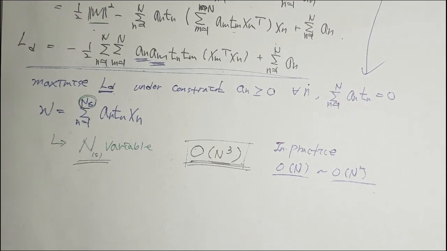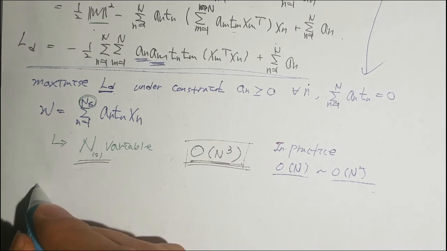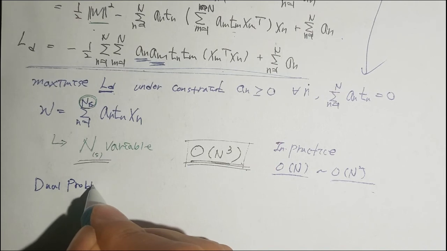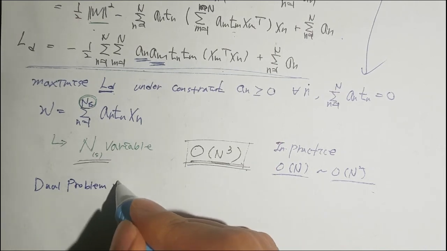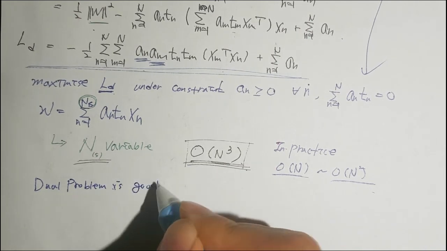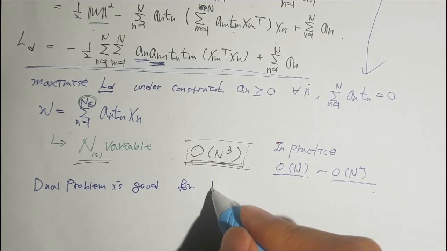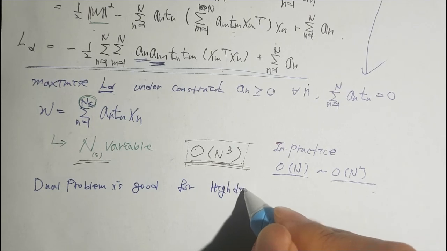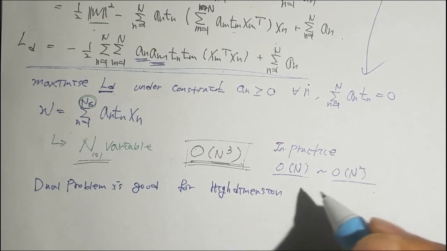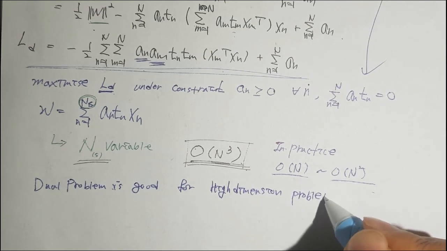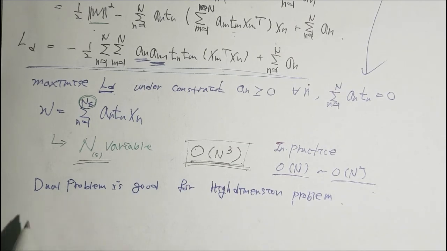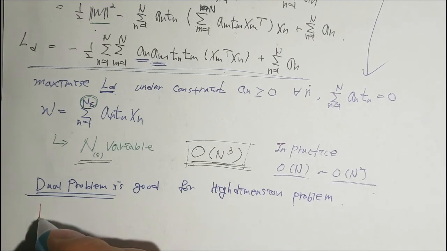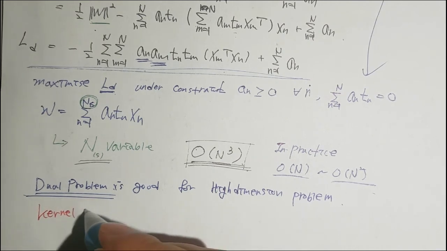So in summary, dual form or dual problem is good for high dimension problems. Even in case of dual problem, we can apply the kernel trick.